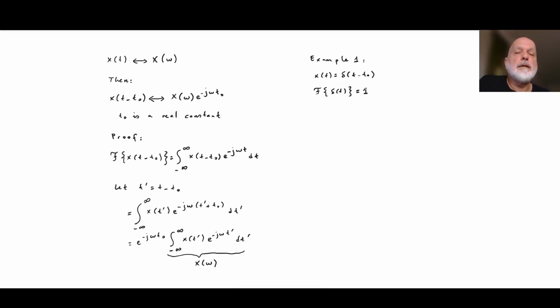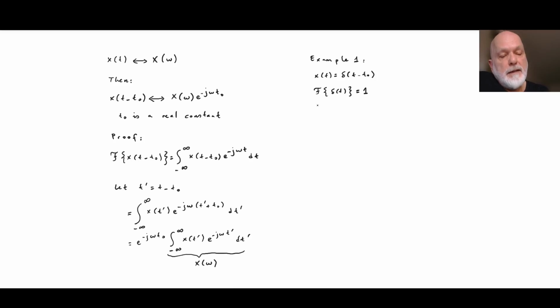Remember how we interpret this result. The impulse is a singular function which is 0 everywhere except t equal to 0 where it is infinite. So in order to account for this singularity, all frequency components, even infinitely high frequency components, are represented with equal weight.